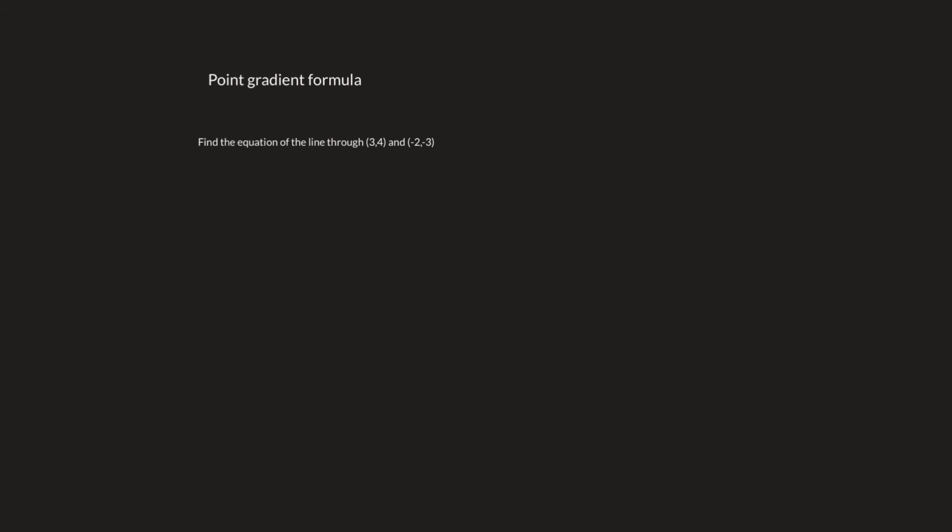Now we're going to introduce you to the point gradient formula. Okay, so it is y minus y1 equals m(x minus x1). And we would use this formula when we're given 2 points to try and find the equation of a line.